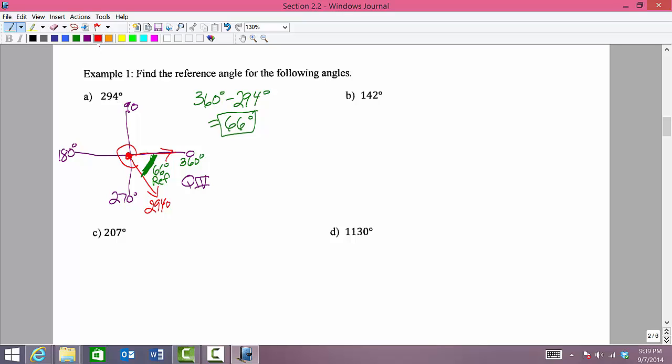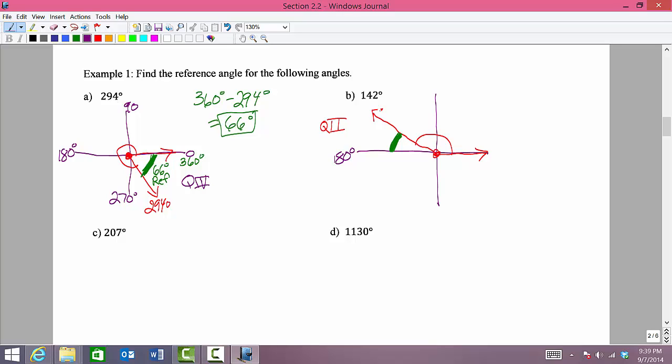Okay, what about 142 degrees? The first thing we want to do to find our reference angle is to graph our angle. So 142 would be in quadrant 2. And this time I'm looking for the positive distance between the terminal side and the x-axis, and I'm going to think about the nearest x-axis as being 180 degrees.